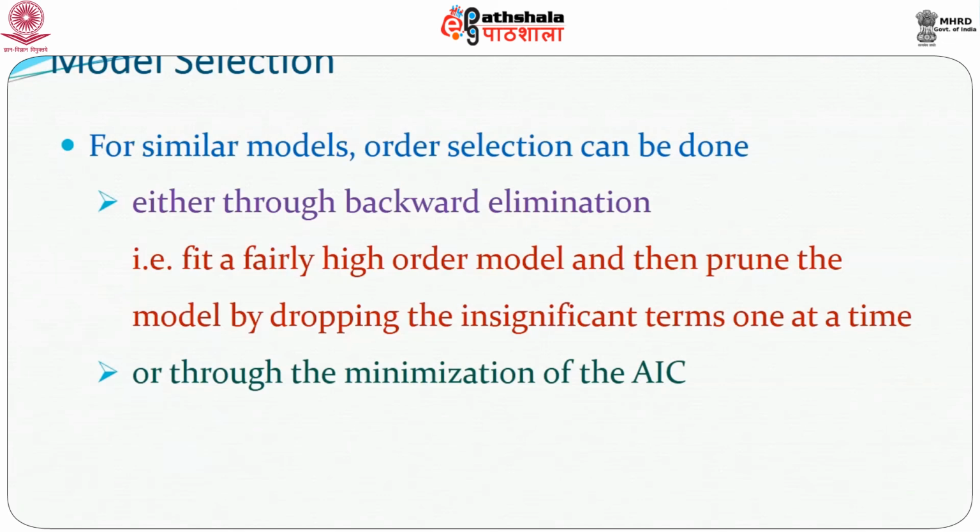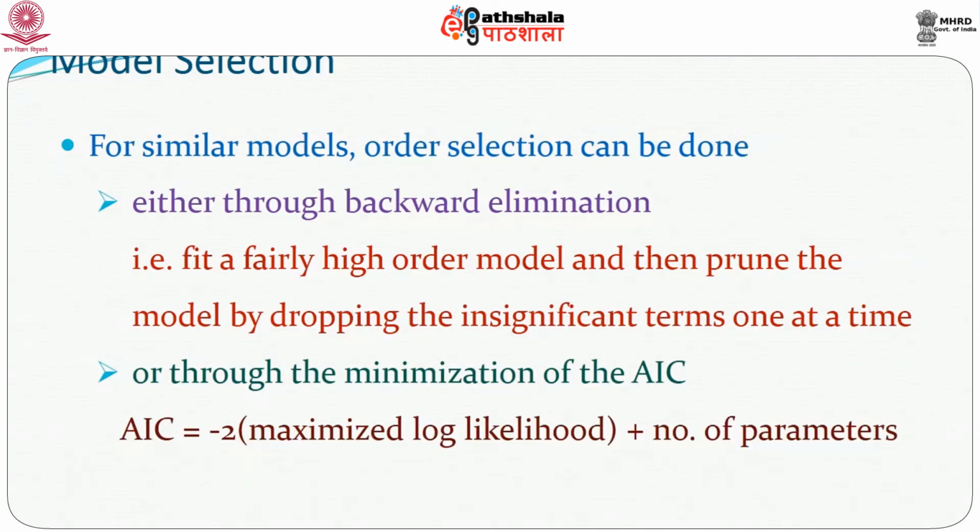The alternative is to use the AIC and to use a model which minimizes the AIC. Remember, the AIC is minus twice the maximized log likelihood value plus the number of parameters.